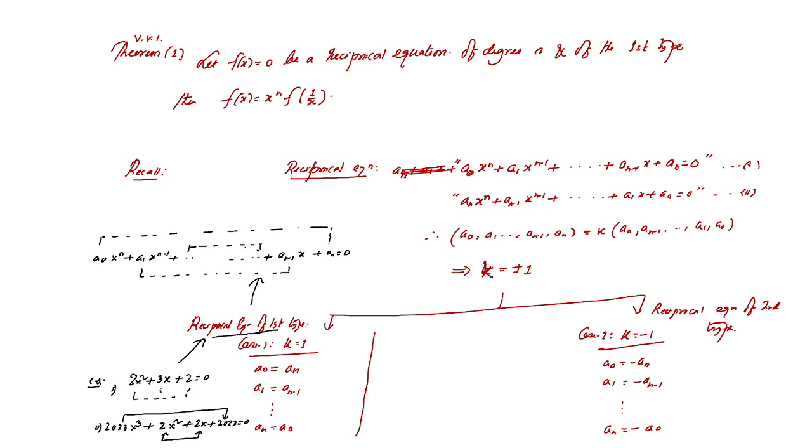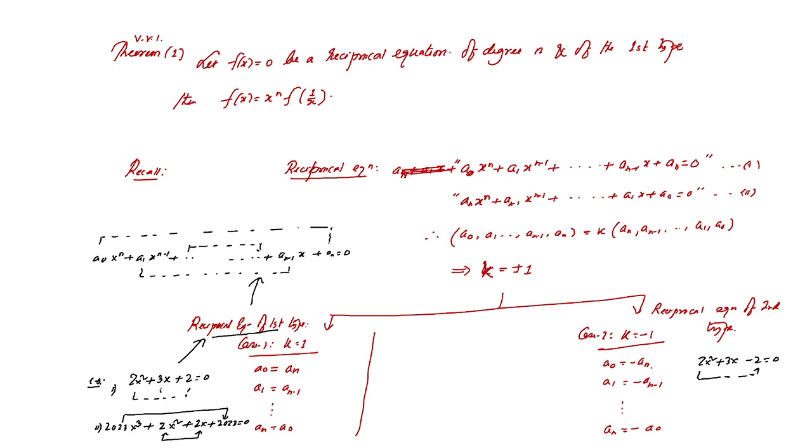Okay. So here is the reciprocal equation of second kind. The example is say 2x square plus 3x minus 2 equals 0. Here you will see they are equal in magnitude but opposite in sign, 2 and minus 2.